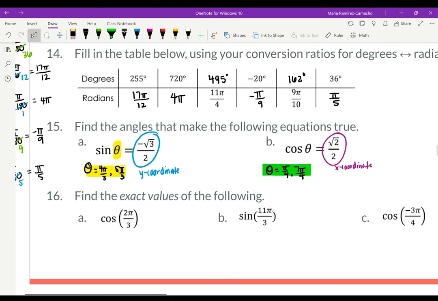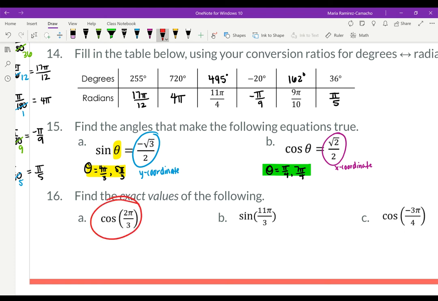Okay, last problem on this slide, number 16. Find the exact values of the following. This is kind of similar except the opposite. We're going to go to the angle identified here, and then depending on whether we're asked to find sine or cosine, we're going to look for the x or the y coordinate.